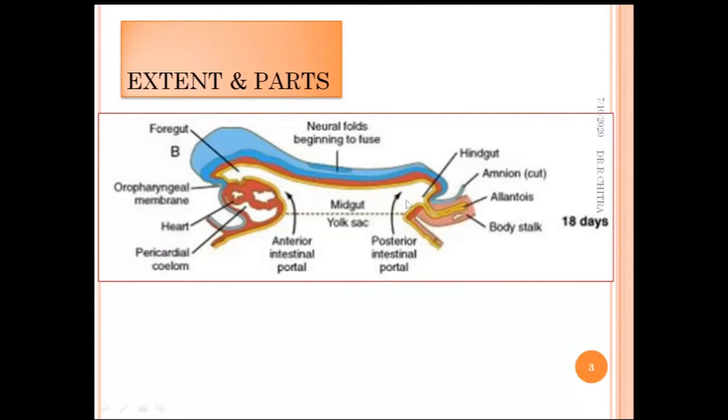And the part of the yolk sac which is contained in the tail fold of the embryo will be called the hindgut, and the junction between the midgut and the hindgut will be called the posterior intestinal portal. And the midgut is the part of the yolk sac which is contained within the lateral foldings of the embryo. So these are the three parts of the primitive gut: foregut, midgut, and the hindgut.